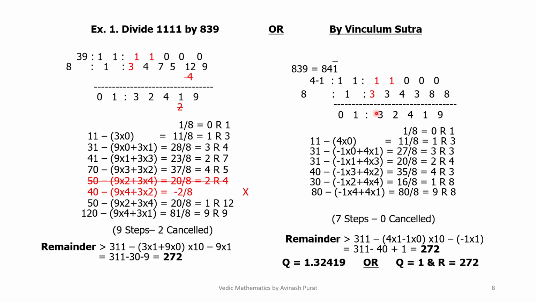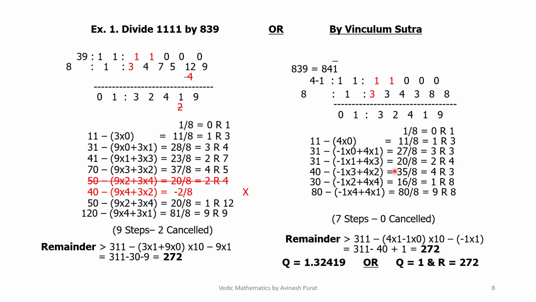Now again we get 31 minus 1 into 1 plus 4 into 3, that is 12 minus 1, 11. So 31 minus 11 is 20. 20 by 8 equal to 2 or 4.